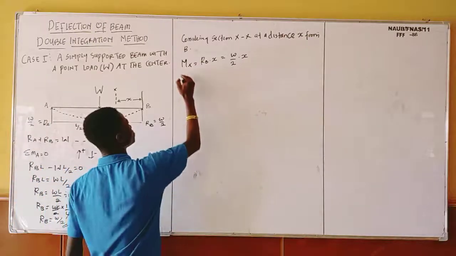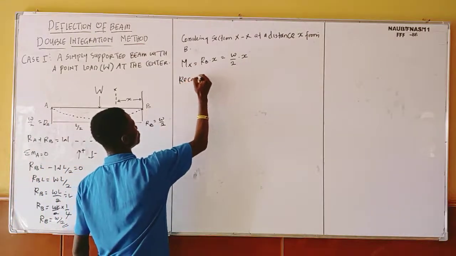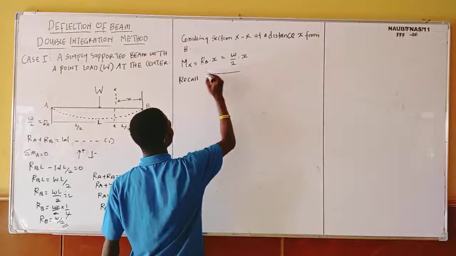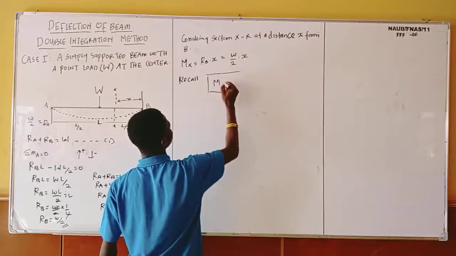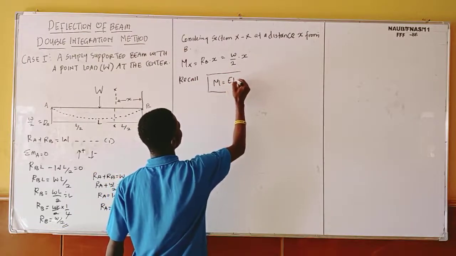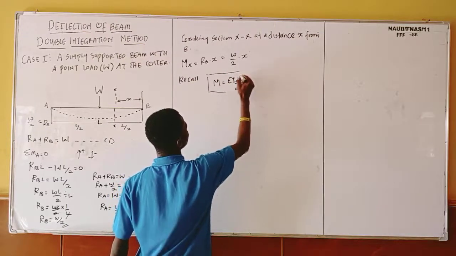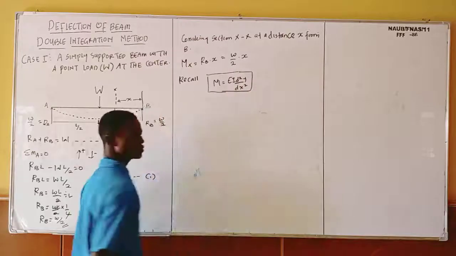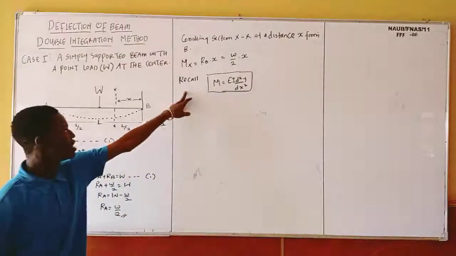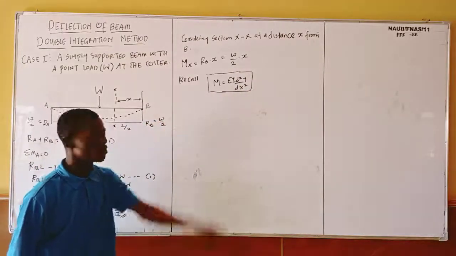But recall that moment equals EI d squared y over dx squared.